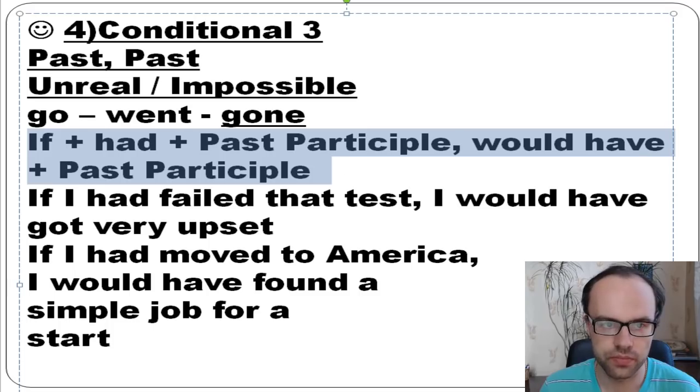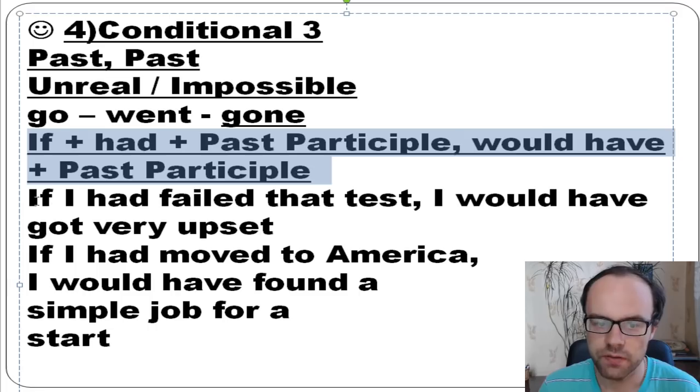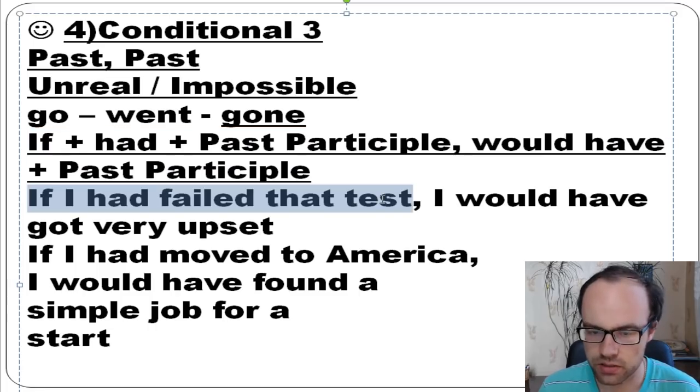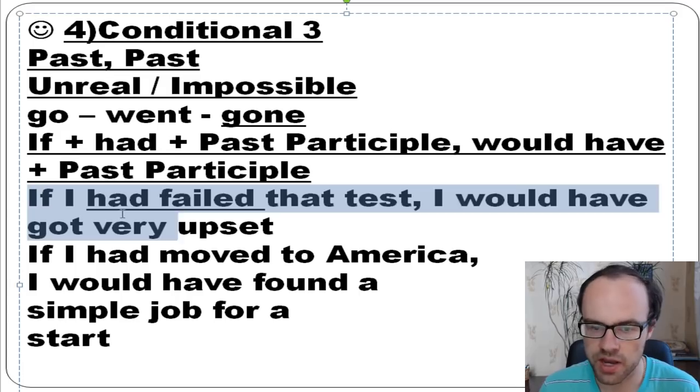So look, it's unreal. If I had failed that test, so you see, had plus past participle, it's unreal. If I had failed that test, it means, in fact, I didn't fail it, so it's in my imagination. So if I had failed that test, I would have got very upset.